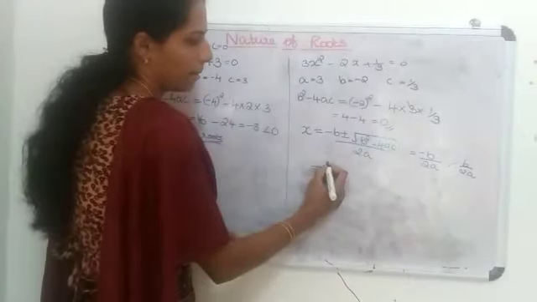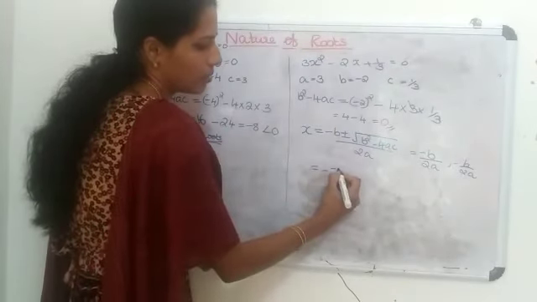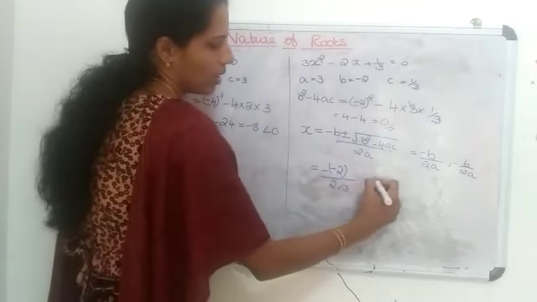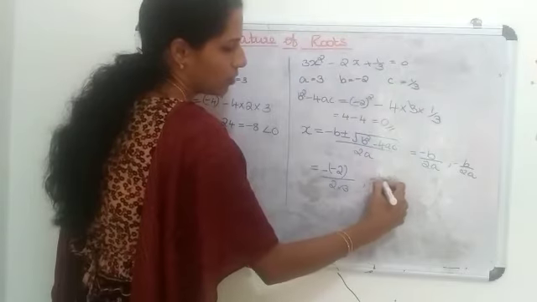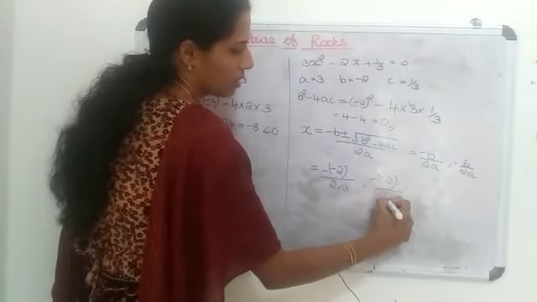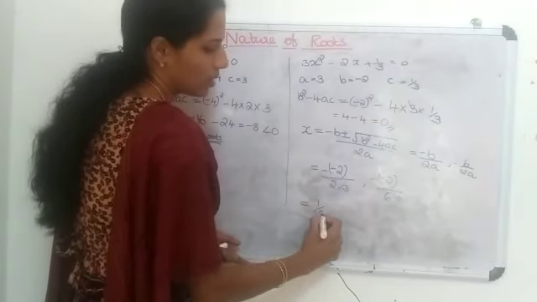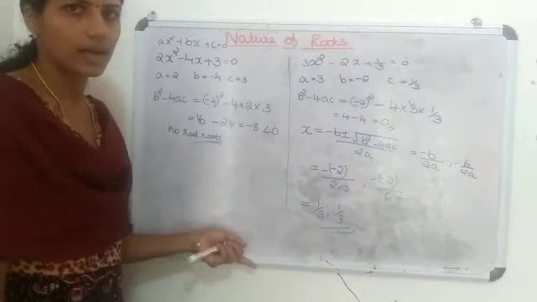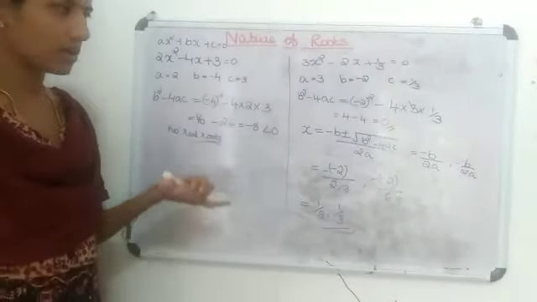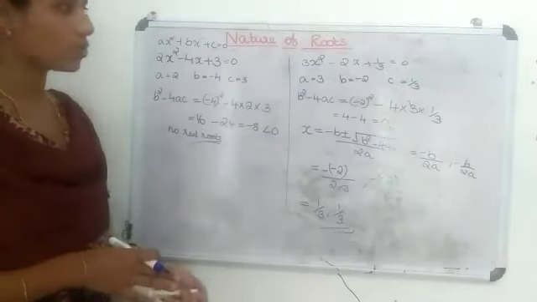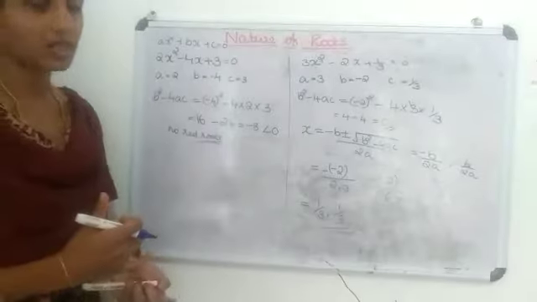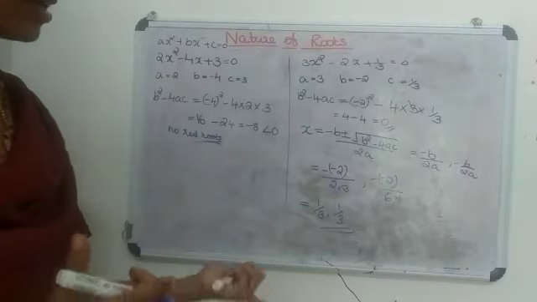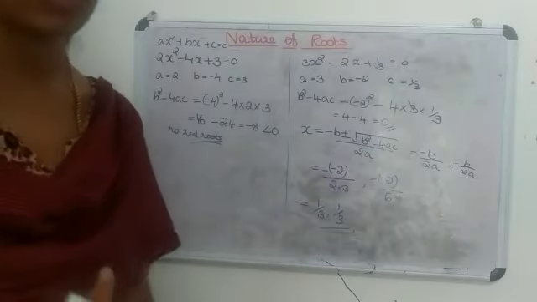Minus minus of 2 by 2 into 3, that is 2 by 6. That means x equal to 1 by 3 and 1 by 3 are the two equal roots. Is it clear? Whenever you get a question like finding the nature of the roots, just find b square minus 4ac and find out the nature, and if it satisfies the conditions, then you can find the roots. That is very easy.